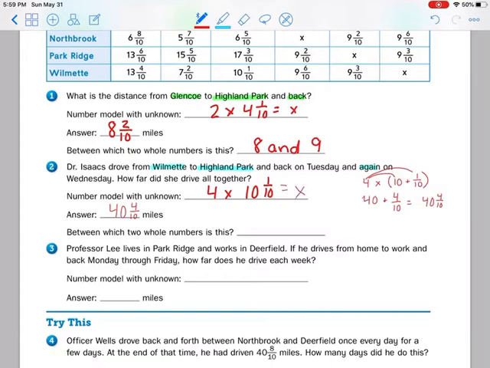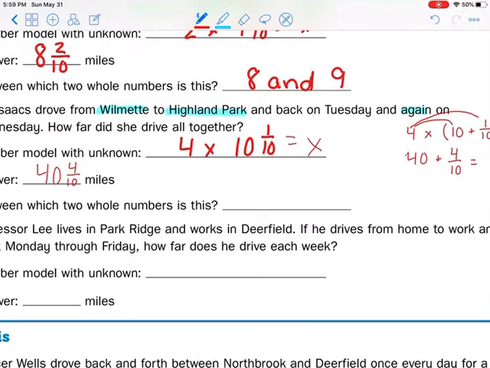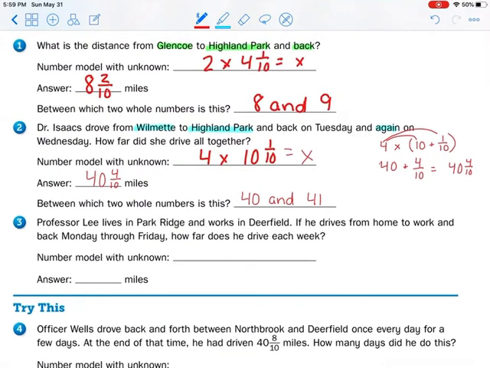Oh, I forgot to put the unknown, equals X. Between which 2 whole numbers is this? It is between 40 and 41. So it's a little bit more than 40, but not quite at 41.